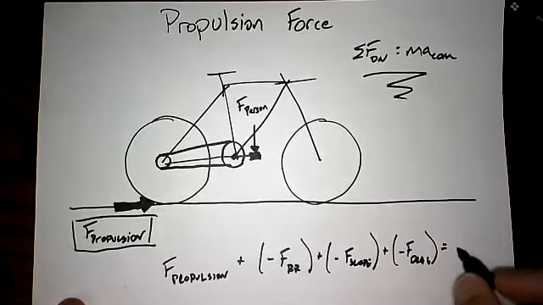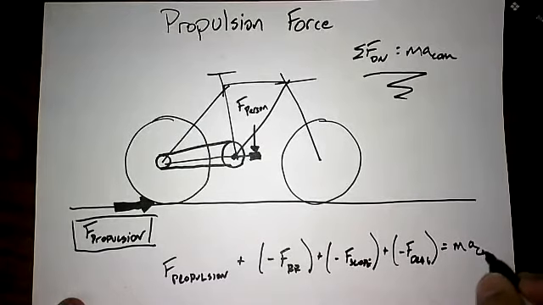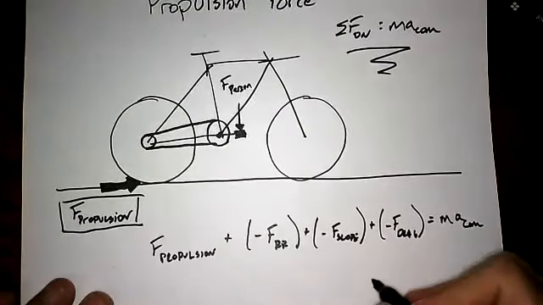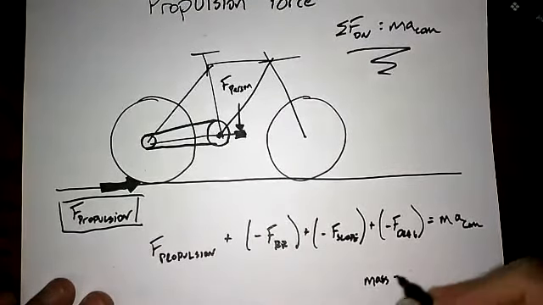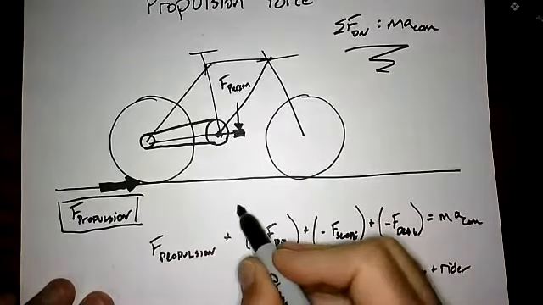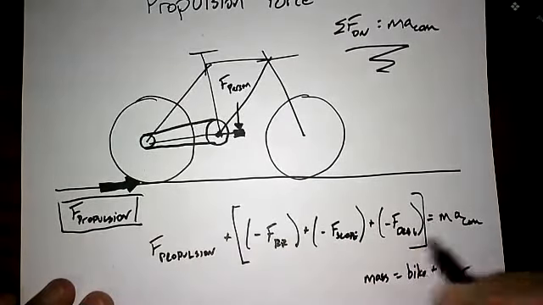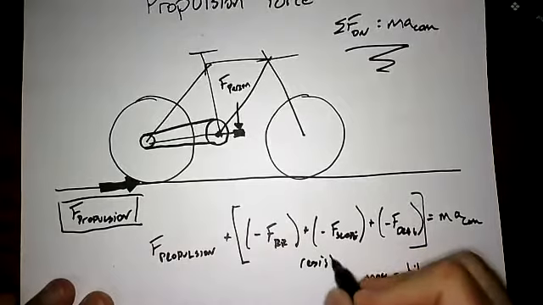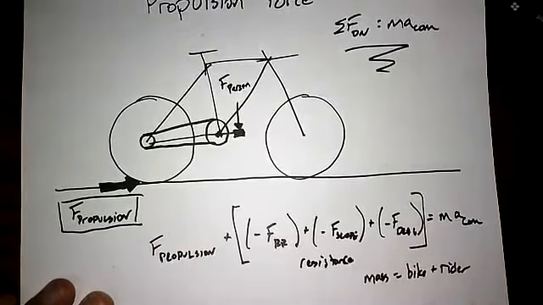Those resistance forces all add up to mass of the bike rider system times the acceleration of the center of mass of the bike rider system. So just remember, mass equals bike plus rider, even though I haven't drawn the rider here. And remember, these are all our resistance forces that we need to overcome.